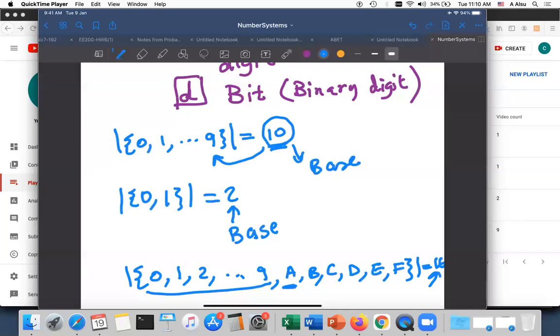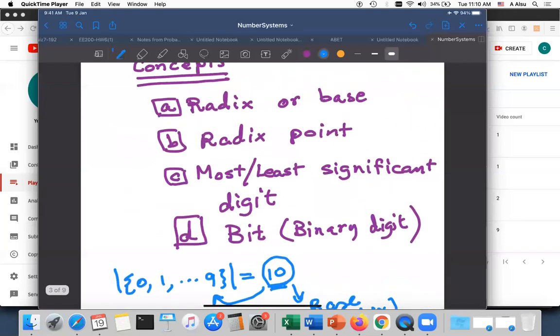Sometimes the base is called, interchangeably, the radix. Two names for the same thing, radix or base. So this is the concept of the radix or the base. We have covered it. It tells you how many digits the number system has.